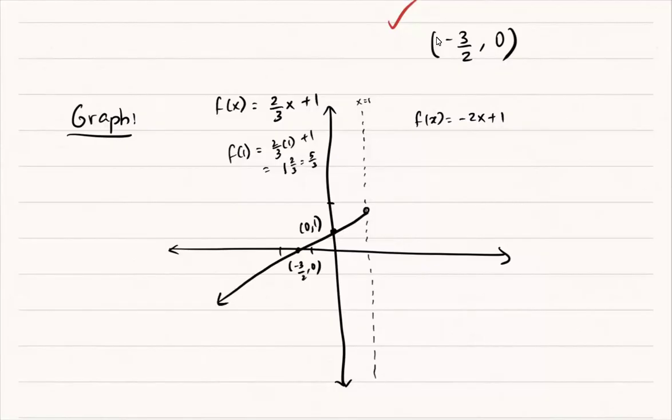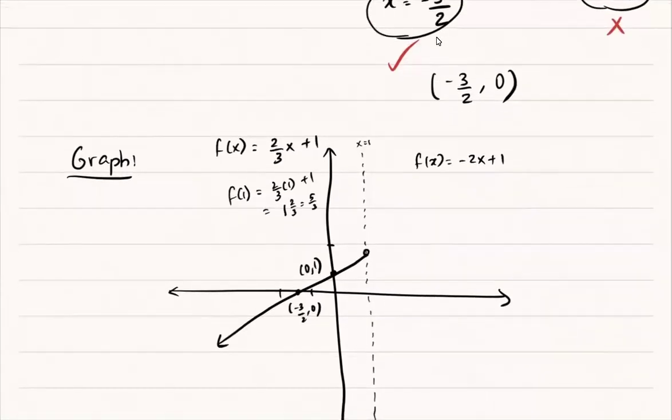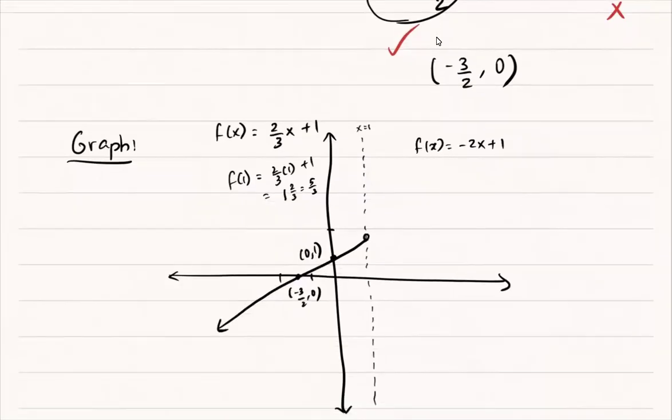Now let's look at the second piece. For the second piece, I don't have any points so far, so I have to calculate. The first point I'm going to calculate is at this x value where I'm splitting the two graphs, which is 1. So what is f(1)? f(1) is -1.